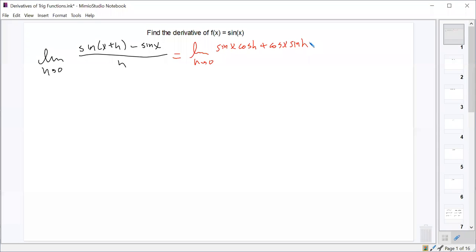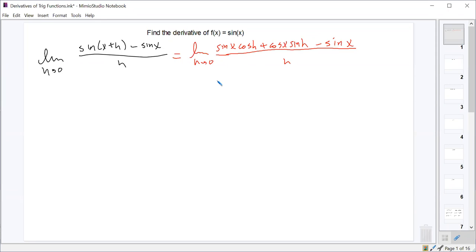That is the sum of angles identity for sine. Sine of a plus b is sine a cosine b plus cosine a sine b. Something you should at least be familiar with. Have you guys seen that before? Yeah. Okay.